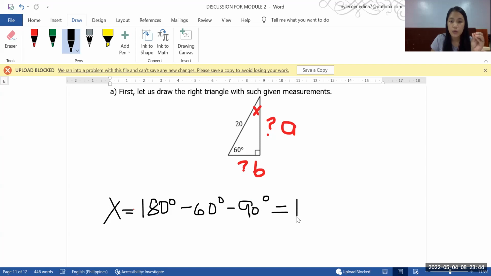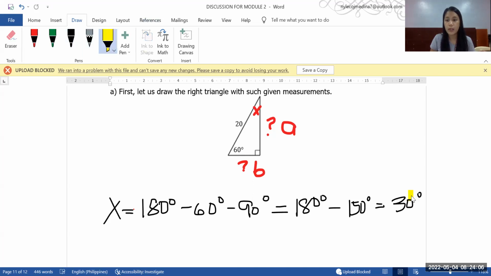That is 180 degrees minus 150 degrees, which is equal to 30 degrees. Therefore, your x here in the drawing is equal to 30 degrees.